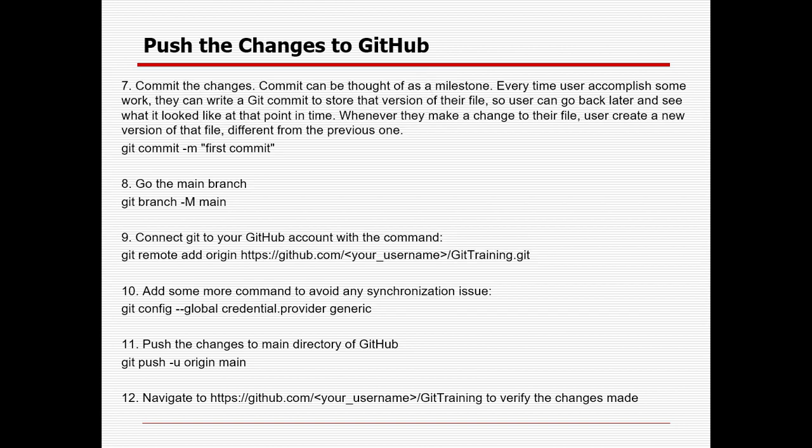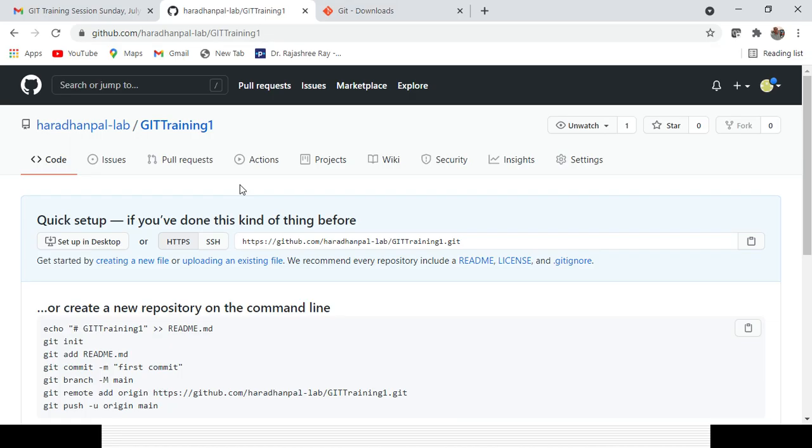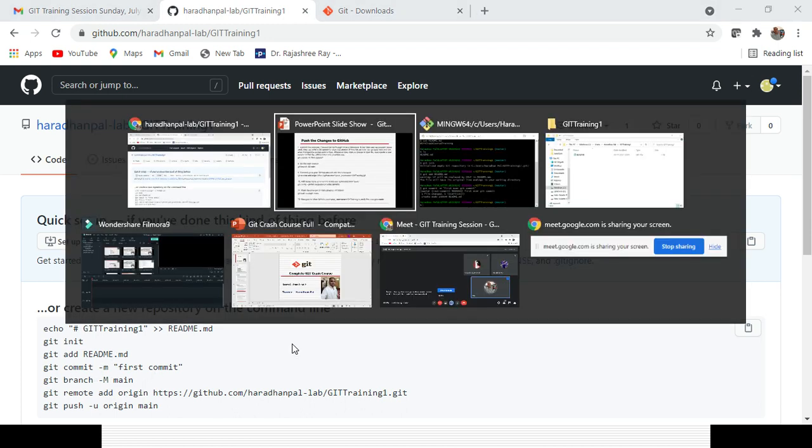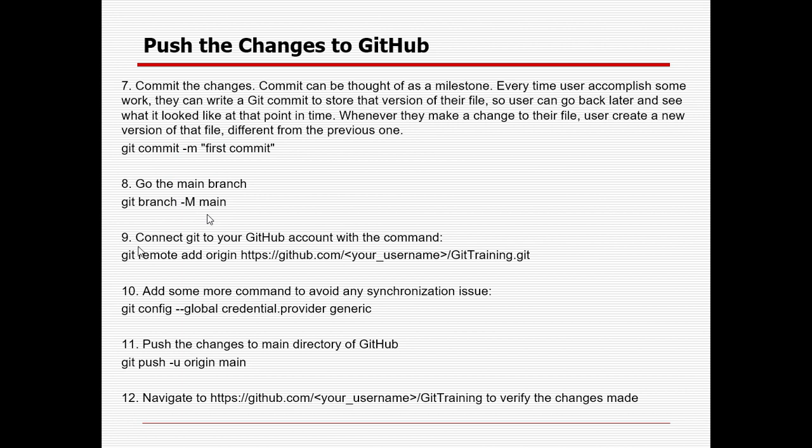Then I need to go to the main branch. You can see right now nothing is there, because I have only created the repository, so nothing is available. But by default we need to go to the main branch, so I need to use git branch -m main. That is the command I will be writing to go to the main branch, because by default only the main branch will be available in your GitHub account.